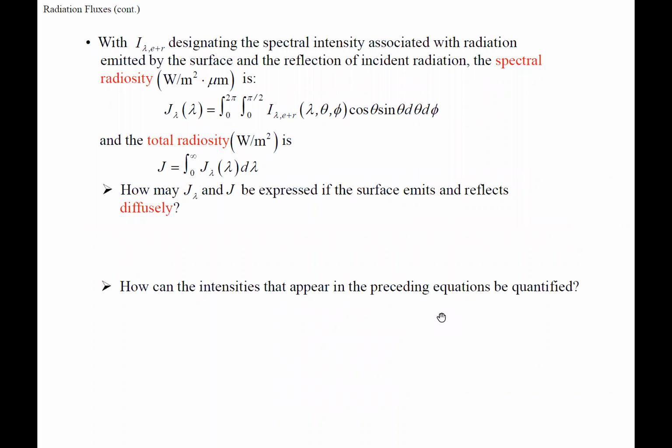And again, we can do the same thing for radiosity. In radiosity, we have wavelength, and it's emission plus reflection, right? Again, this equation looks the same except for J, and this e plus r.